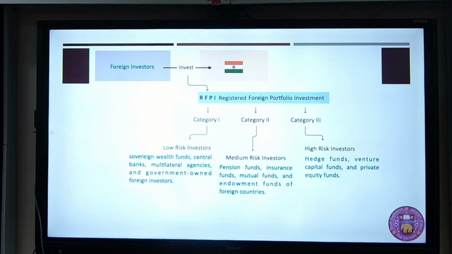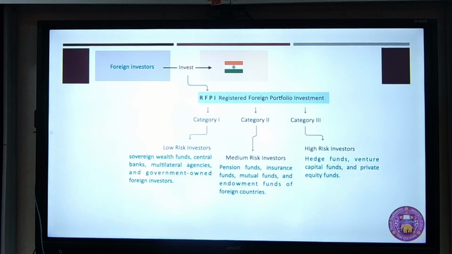These mutual funds and all are taking funds from retail investors, small investors. They have a big corpus now. They have collected say 1,000 rupees, 10,000 rupees, 1 lakh rupees from different investors. Overall, they are managing tens of crores or hundreds of crores of rupees. These funds they use to invest in different assets.